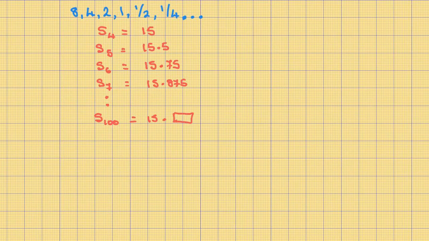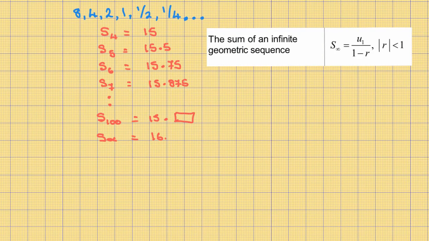If you notice, it's getting closer and closer and closer to a specific value. And in this case, the sum to infinity would be 16. In other words, it's getting closer and closer to 16. Another formula you're given in the formula booklet is the sum to infinity.